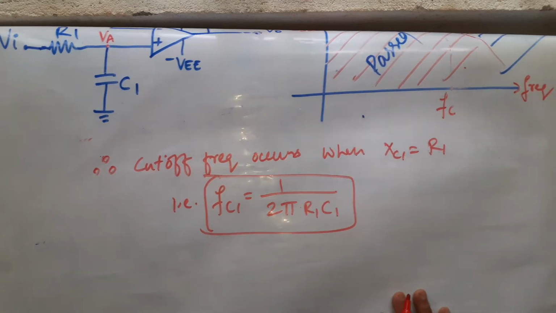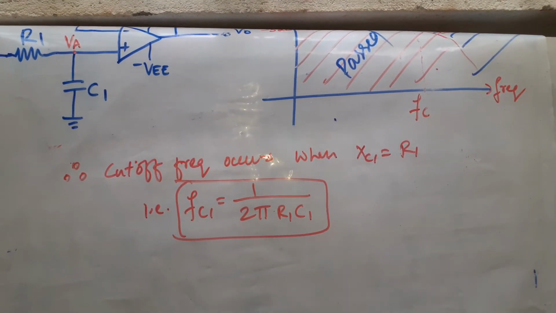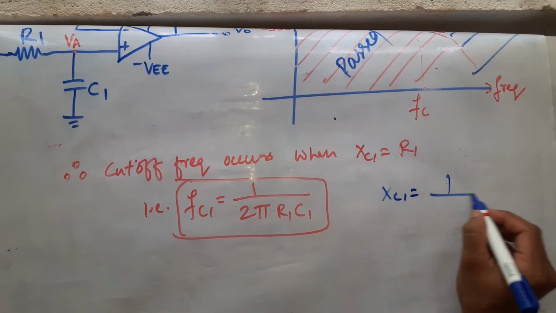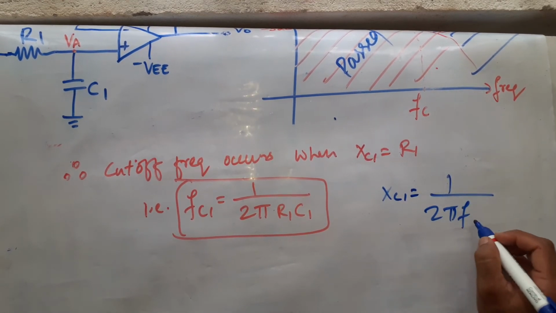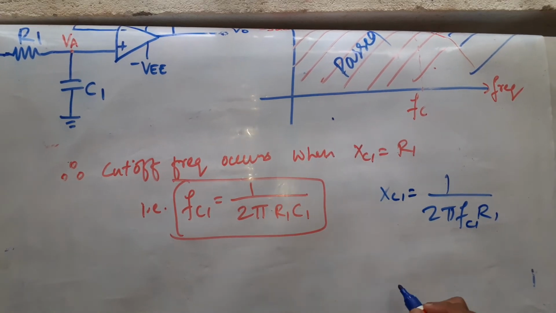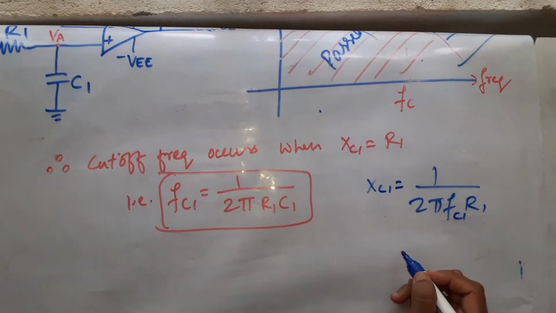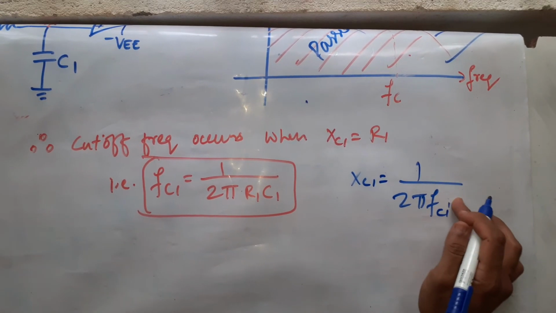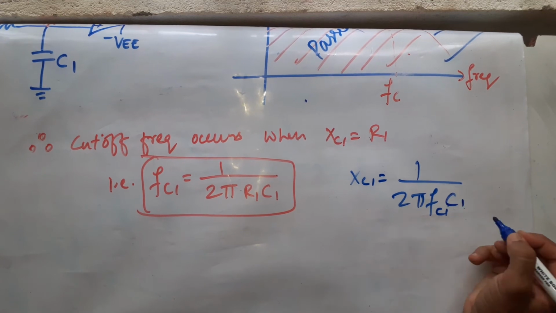How did I get this? We know that from basics. This is from basics once again. We already know that XC1 is equal to 1 over 2 pi FC1 R1, right? Now FC1, yes, FC1.